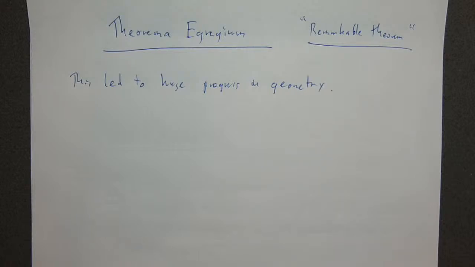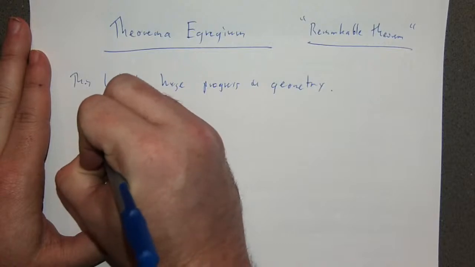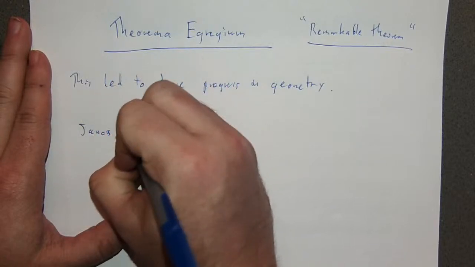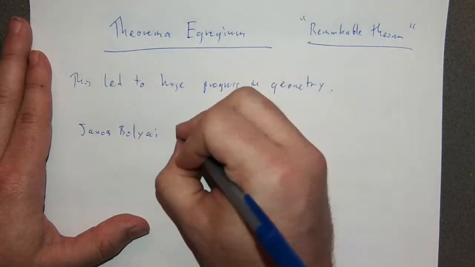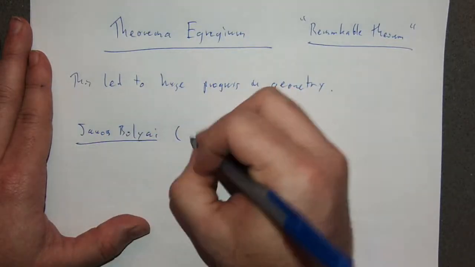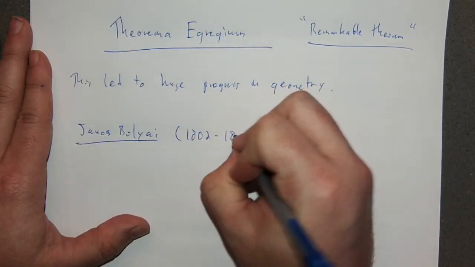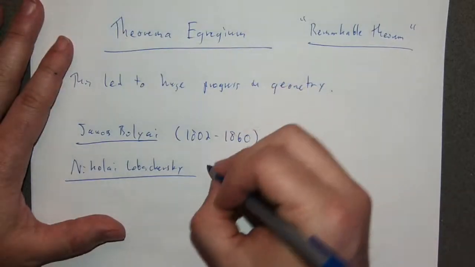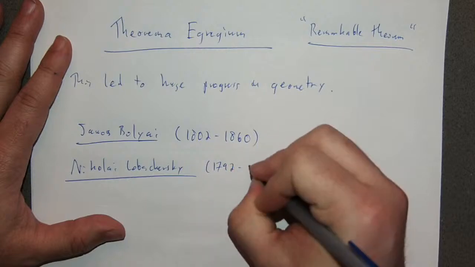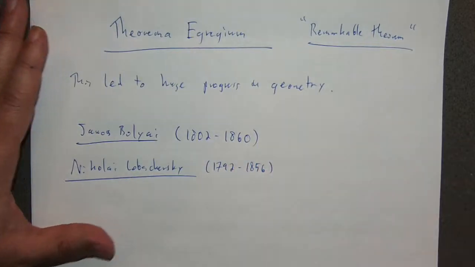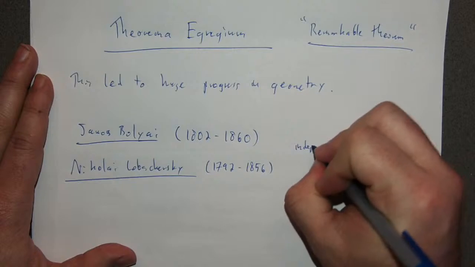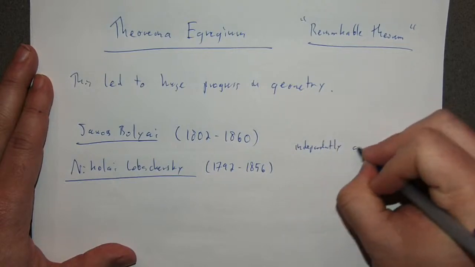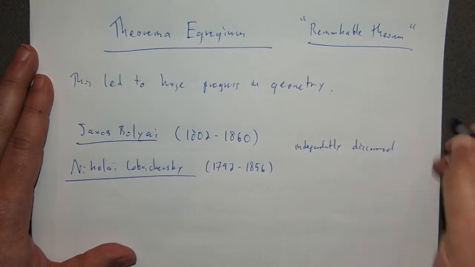Janos Bolyai was a Hungarian mathematician, born in 1802 and died in 1860. Lobachevsky was born in 1792 and died in 1856. They independently discovered non-Euclidean geometry.